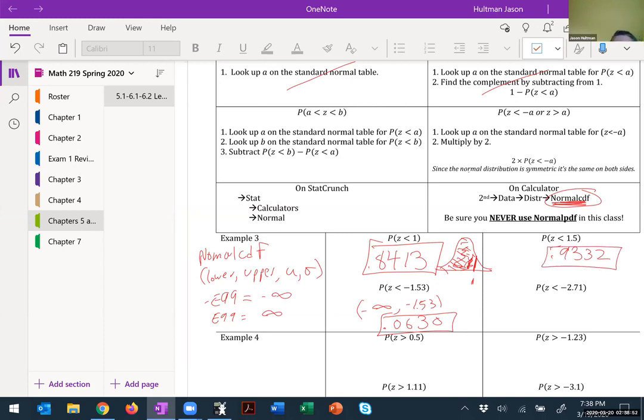Okay, see if I can move this thing around. Cannot do the normal CDF while using TI-30. I don't know. Let me pull the TI-30 or the 36. Because I have my 36 here.